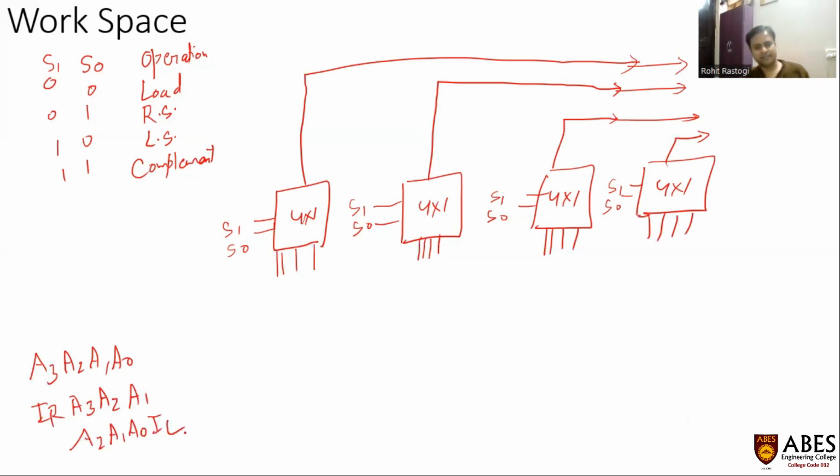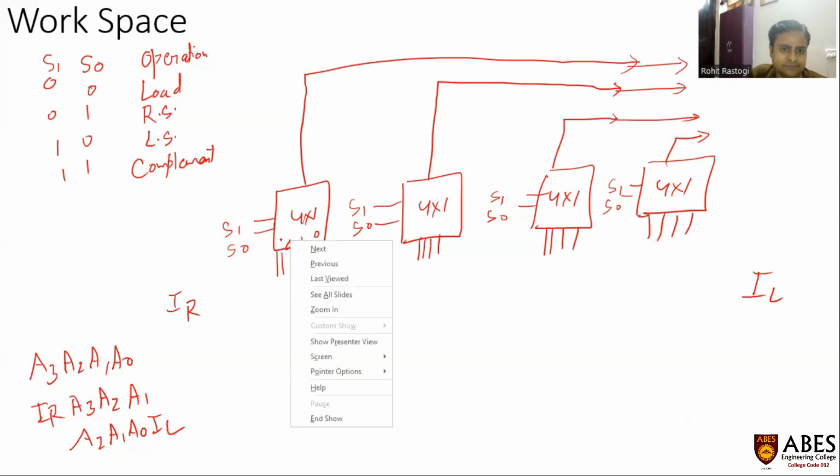Where IR is the external right input, which is given from the external source on the right side. And IL is the external left input, which is given by the external source for the left shift. Now at 0, 0, this is input 0, 1, 2, and 3.